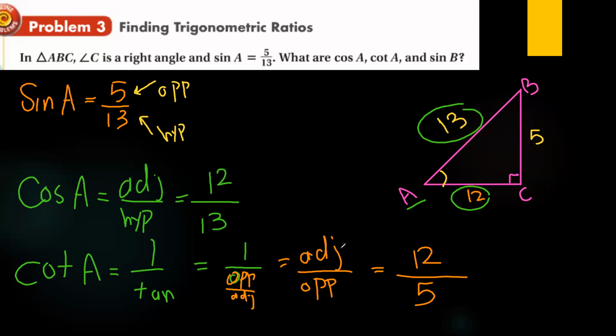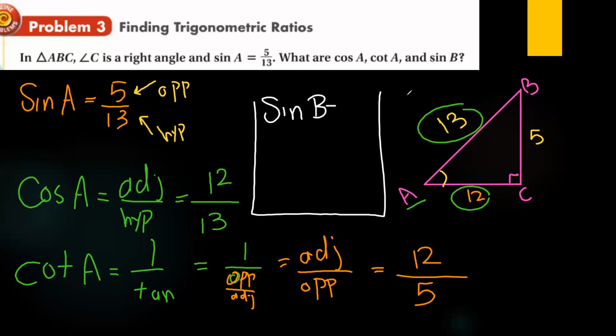Okay. So here we find cosine of A and cotan of A. Now let's find sine of B. I will write it here. Sine of B will be, now this is my angle B, opposite over hypotenuse, which is 13.